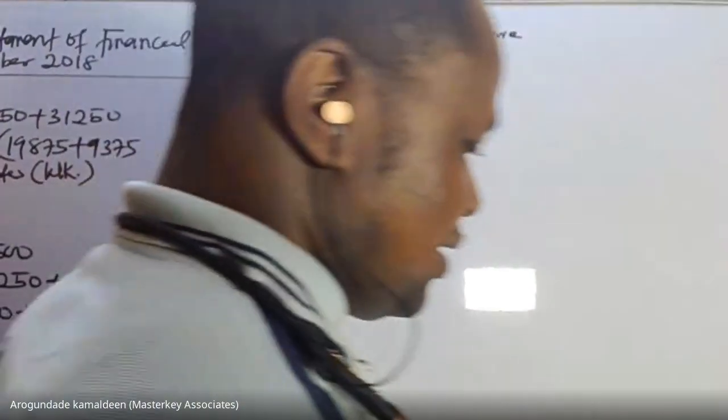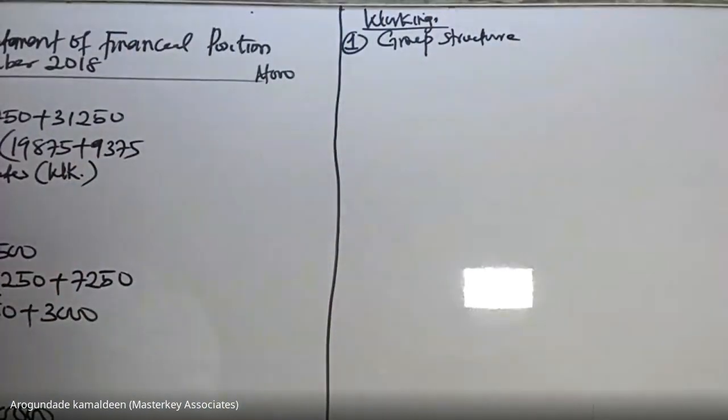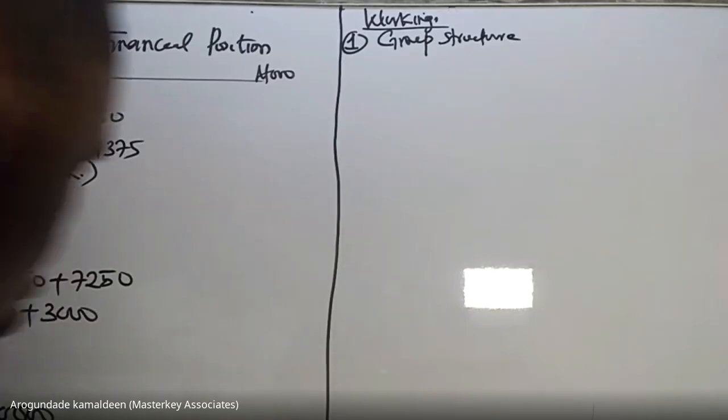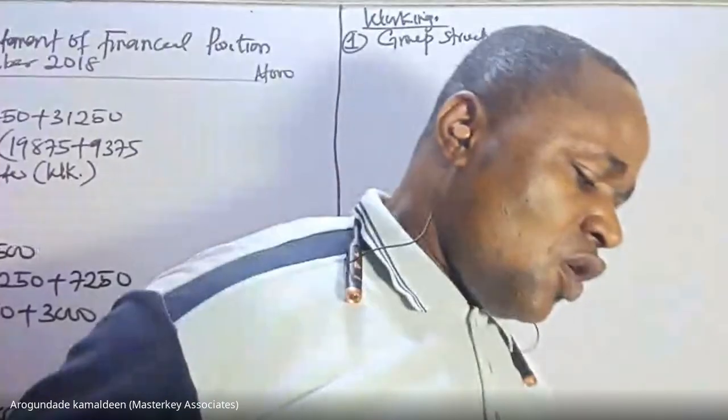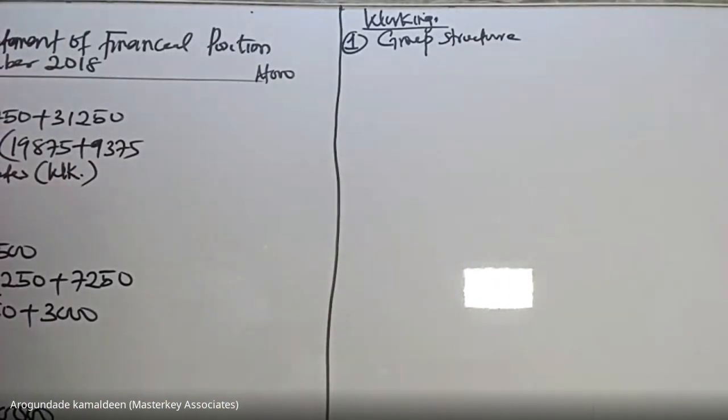Who is the parent in this case? Let's see note one. Orobo PLC acquired 15 million ordinary shares in Lepa Limited in January 2013 for 25 million. That is the cost of investment. Please take note of that.